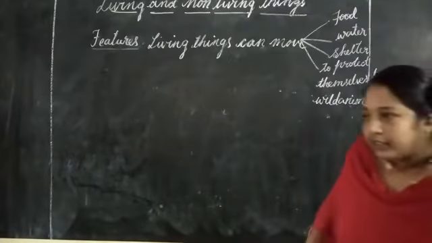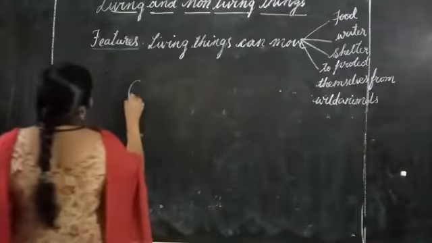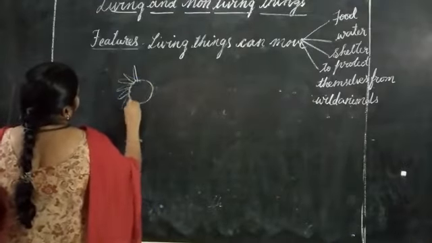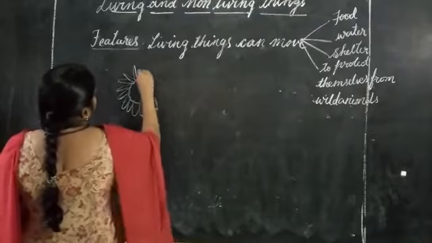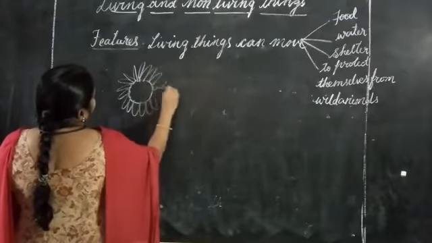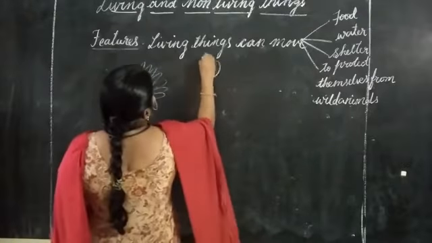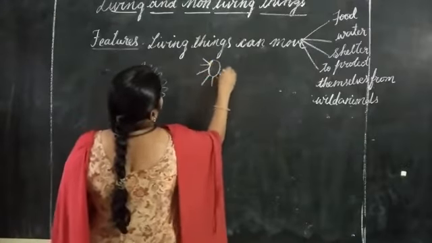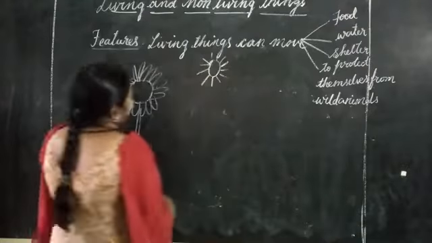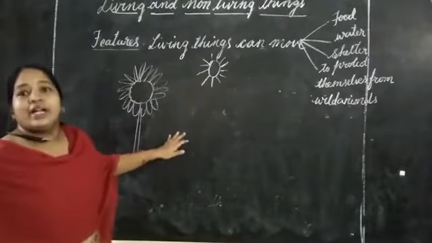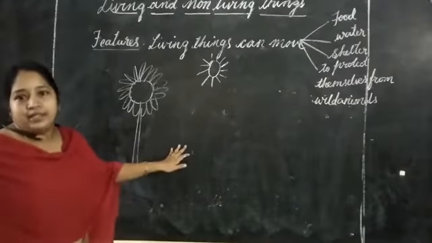Sunflower turns its face towards the sunlight. So the turning of its face towards the sunlight is also one type of movement shown by the plants.